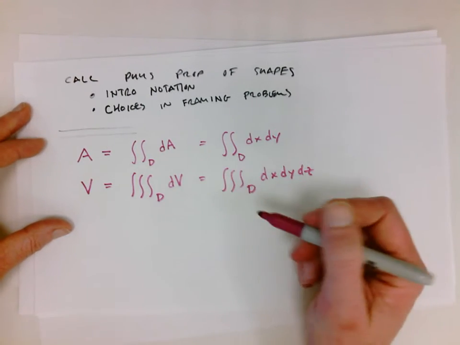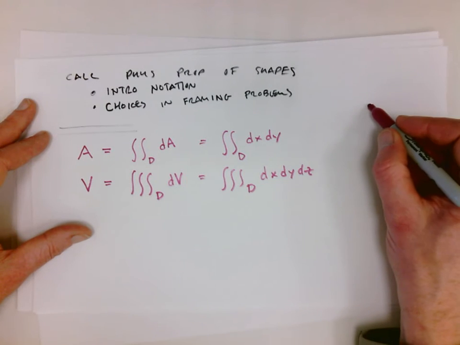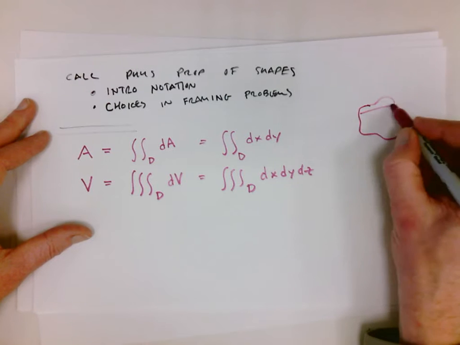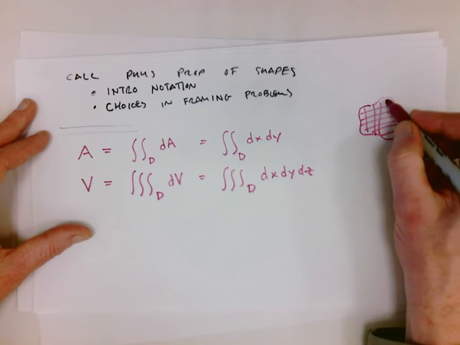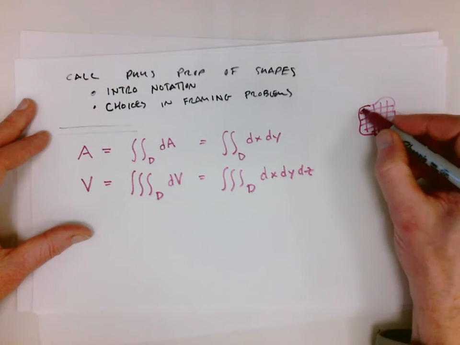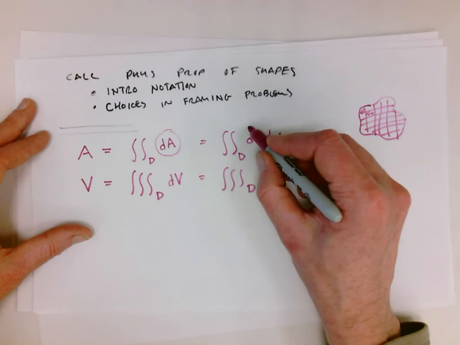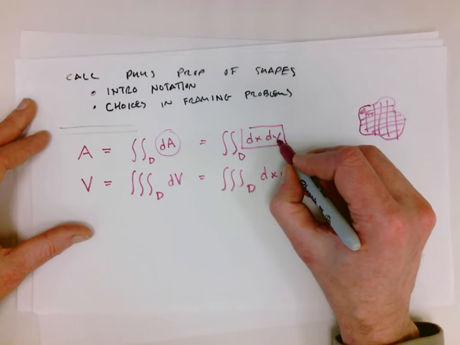And conceptually, in both cases, what we're saying is, in the two-dimensional case, I've got some domain that's maybe a chunk of stuff, right, that's two-dimensional. It's like a two-dimensional lamina. And what I'm doing is adding up the differential bits of area, these dAs, and those dAs are each little squares of area dx times dy, right?